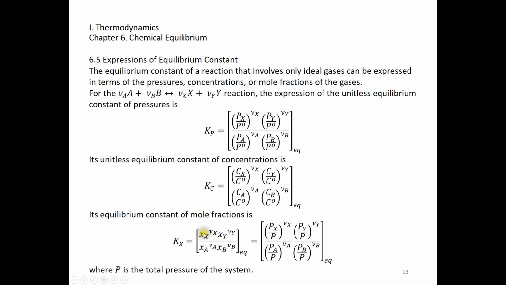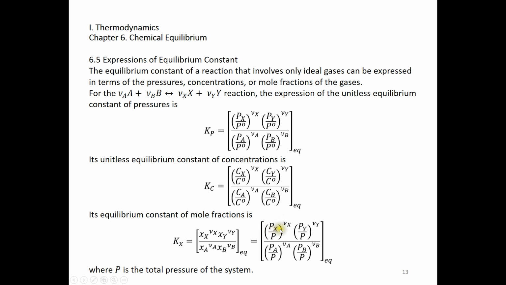One more thing, not only can the mole fraction of X be computed by the number of moles of X over the total number of moles, we can also use this. The mole fraction of X is also equal to the partial pressure of X divided by the total pressure. And why is that? It's just because for ideal gas we have PV equals nRT.